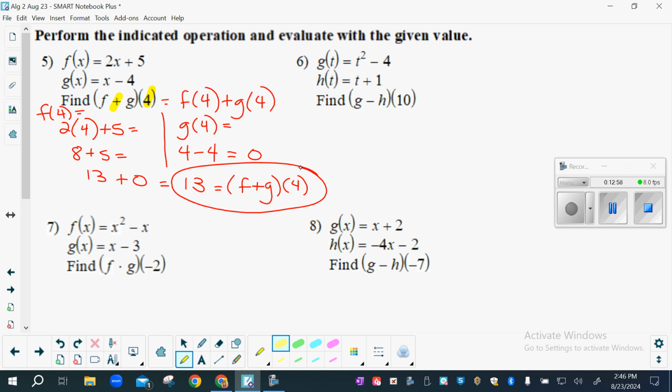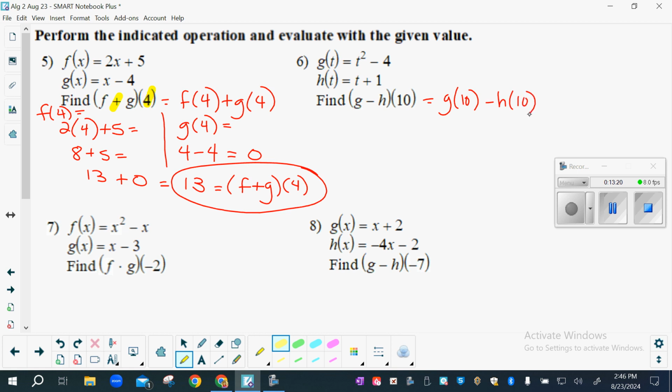So when we have g minus h of 10, how are we going to do that? It's the same as g of 10 minus h of 10.